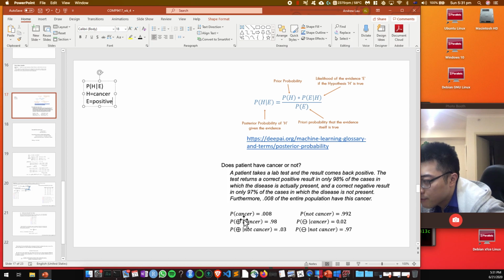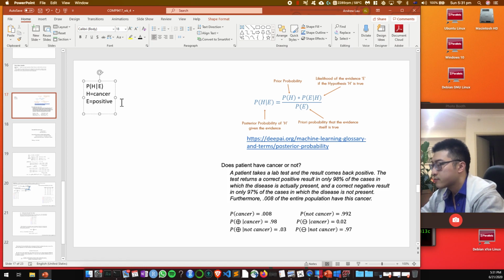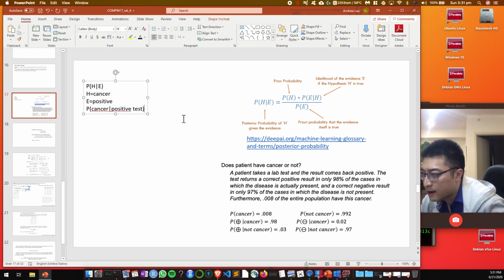What we actually want to work out is the probability of cancer given a positive test. That's what we care about. We're given a bit of data about the prior. These are the priors.